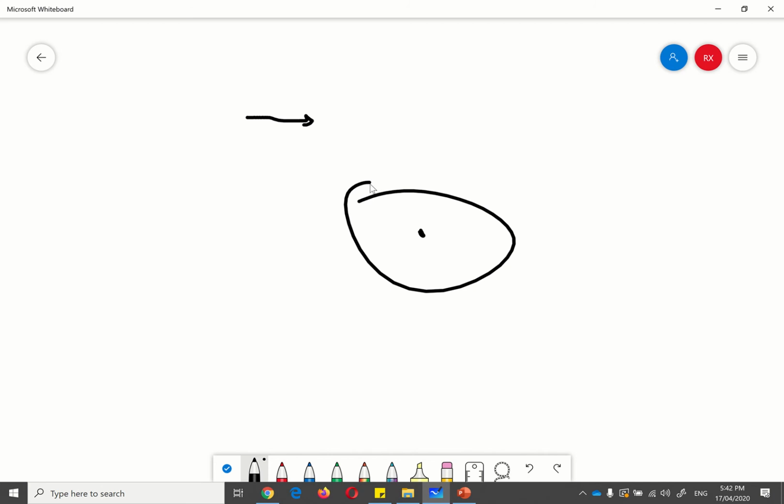Now, since the object in this case is traveling in a circular path, something is changing the direction. That means something is changing the velocity. This means a force is being applied, and the force is applied toward the center of the circle path.